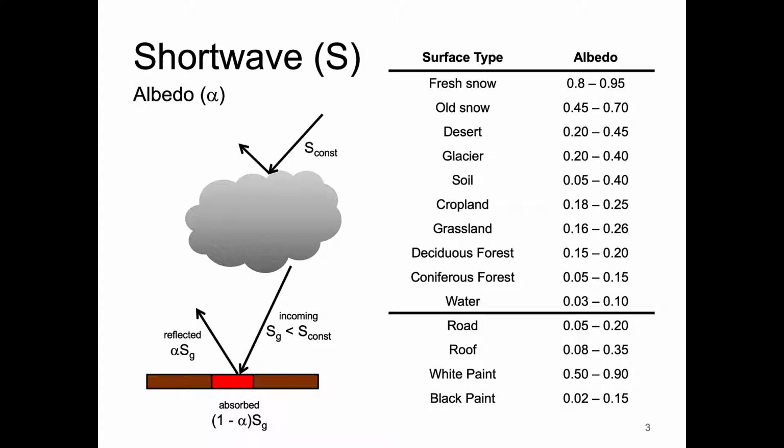Albedo values are within the range of 0 to 1, and they do vary across surface type. So, for example, if we consider snow, new snow is bright, it's white, it has a high albedo, whereas over time it will get dirty, some of it will melt, and as a consequence of that, the albedo will decrease. For soils, albedo can vary with the soil colour and how wet it is. Across different vegetation types, albedo variations are linked to differences in vegetation traits.